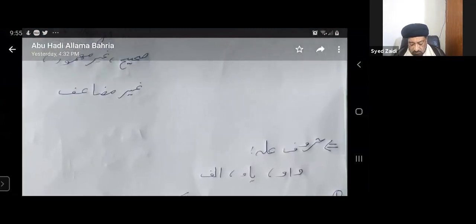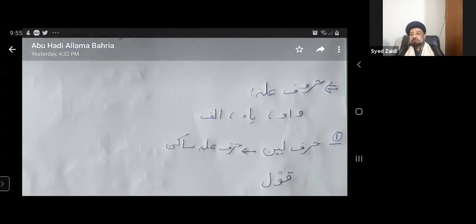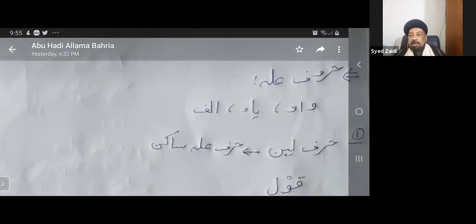Up till now, what we have learned is a continuation of our previous lesson. Huruf illa, as you already know, are the three letters: waw, ya, and alif. These three letters are huruf illa.